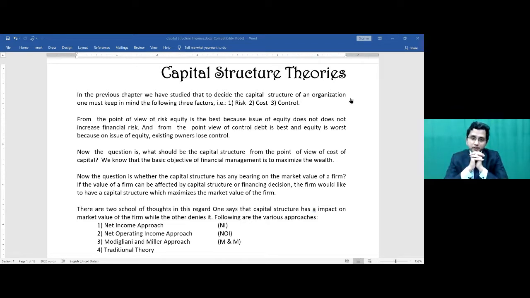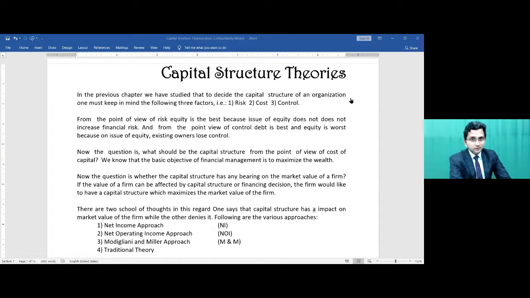Say I am an entrepreneur, I have decided to start a business, and that business requires an investment of 1 crore rupees. Now the question arises, what are the various sources of finance which I should use for raising this 1 crore rupees? I can raise the entire amount by issuing equity shares, or by preference shares, or debentures, or a term loan from the bank, or project finance from a public financial institution, or many other sources of finance.